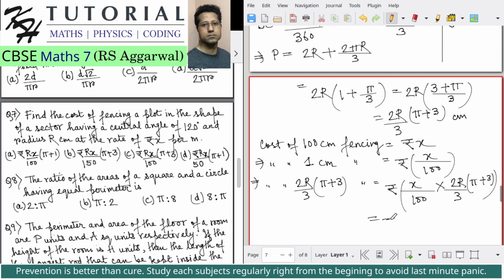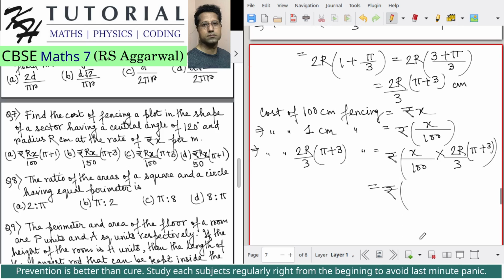If I simplify this, it becomes Rx by 150 multiplied by pi plus 3 rupees. This is the total cost of fencing the plot, which is in the shape of a sector. So the correct choice is B.